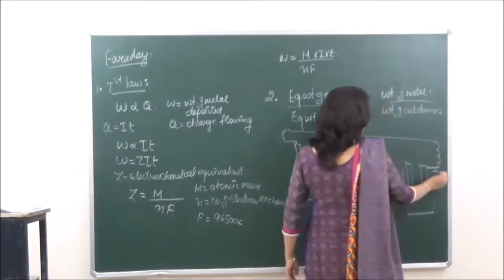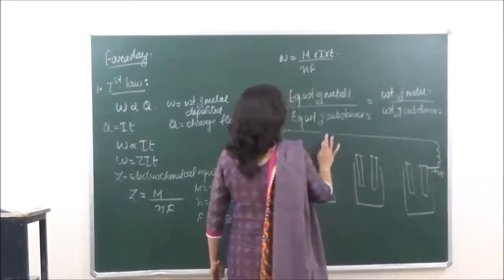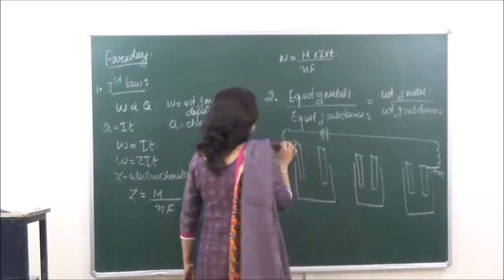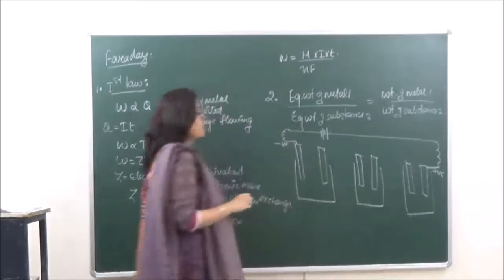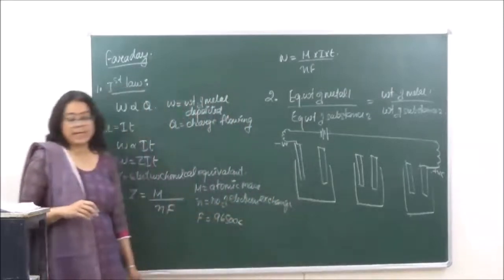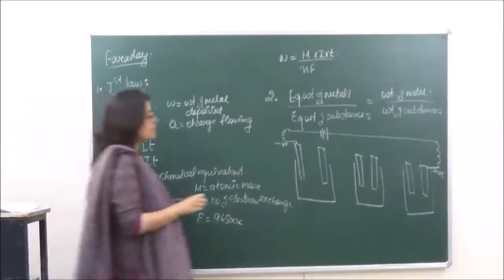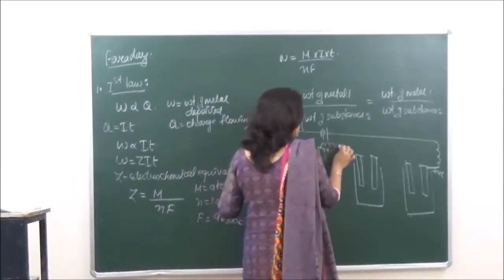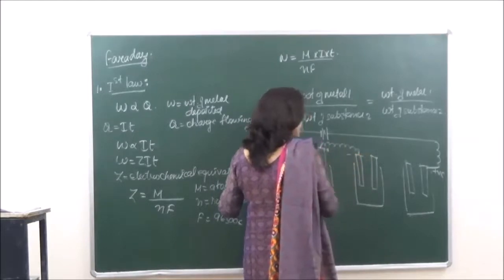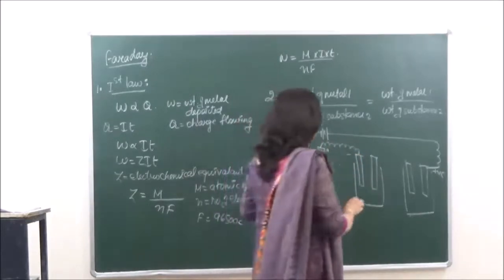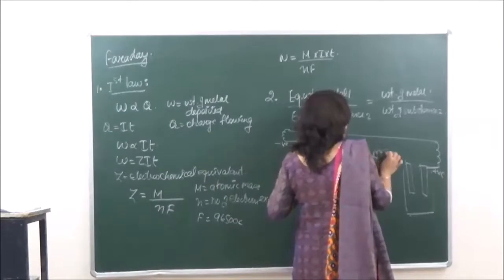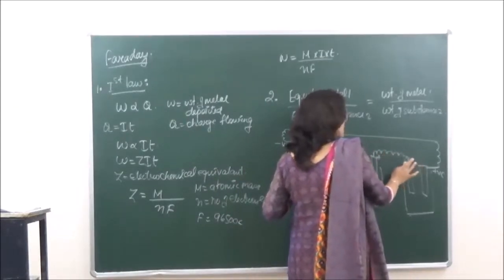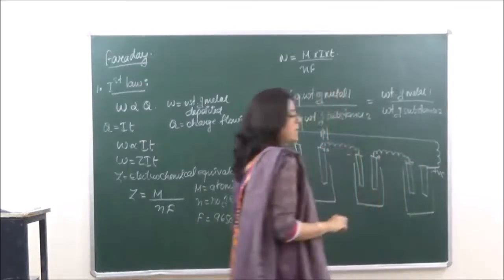This is the positive terminal and this is the negative terminal. But at the same time, you are also connecting each of the cells together. That is, this is going to be connected to this. If this is the positive terminal, then this is the negative terminal. Similarly, and this is the negative terminal.